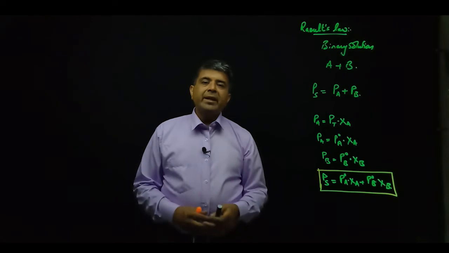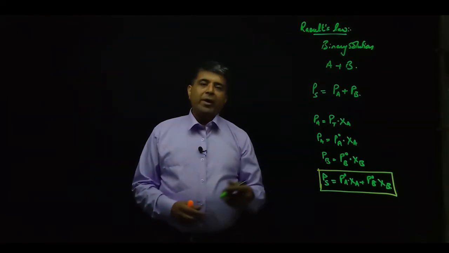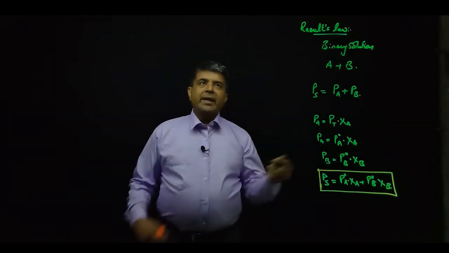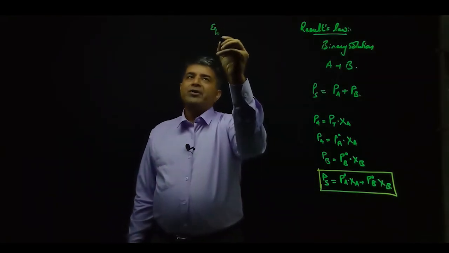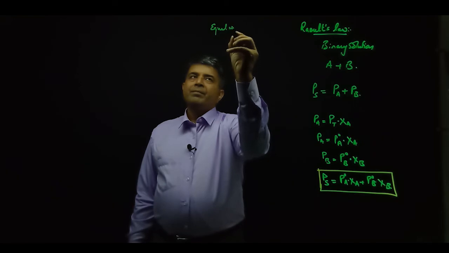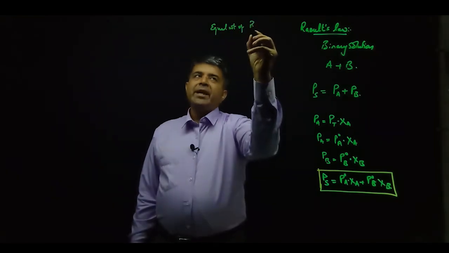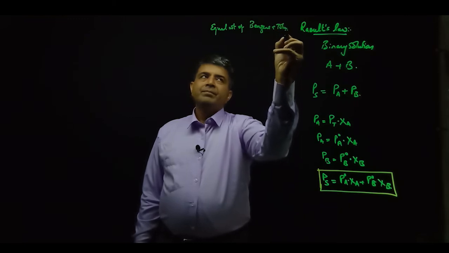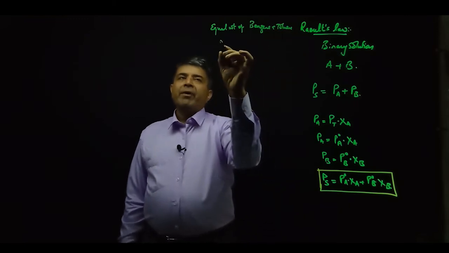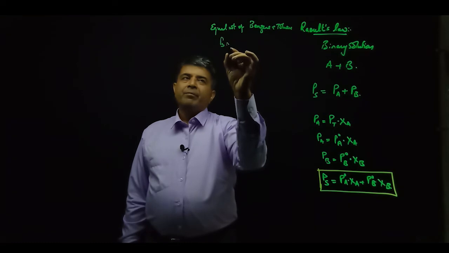Now let us consider one or two examples for Raoult's law. Say we have a solution with equal weights of benzene and toluene, and we have to calculate the vapor pressure of the solution.